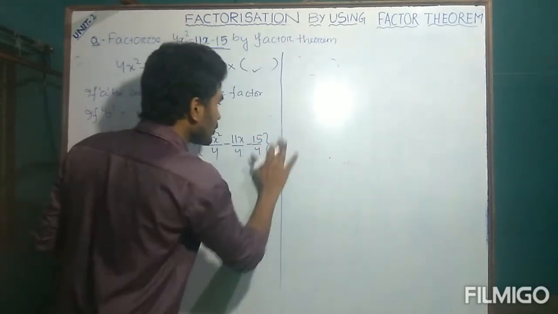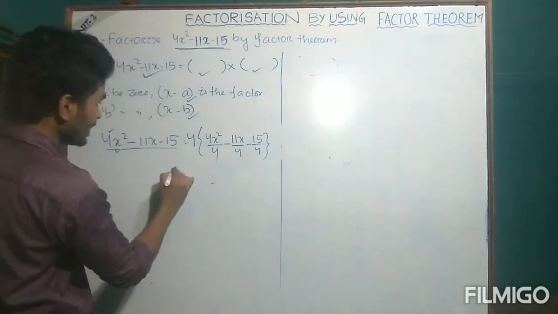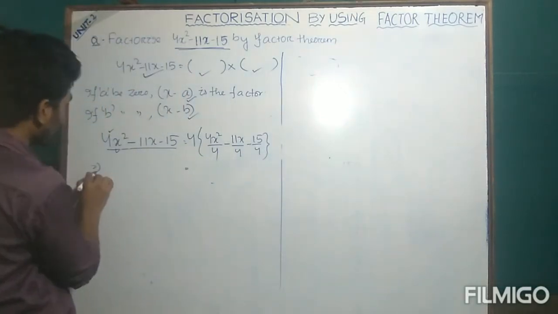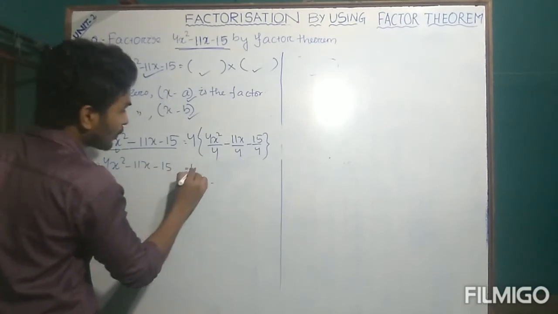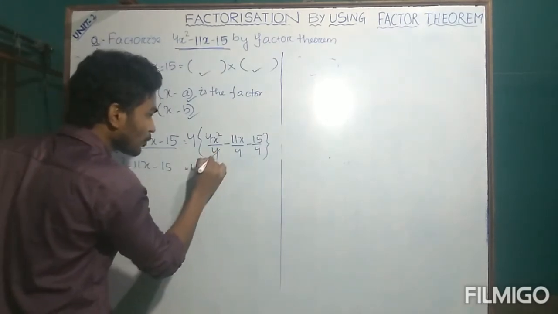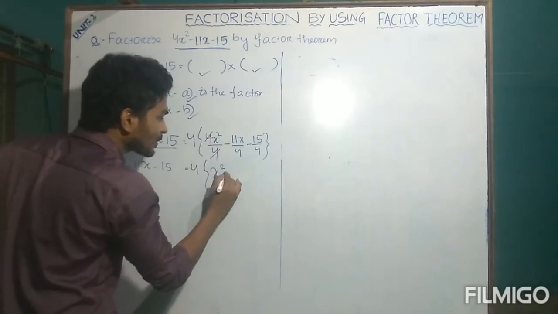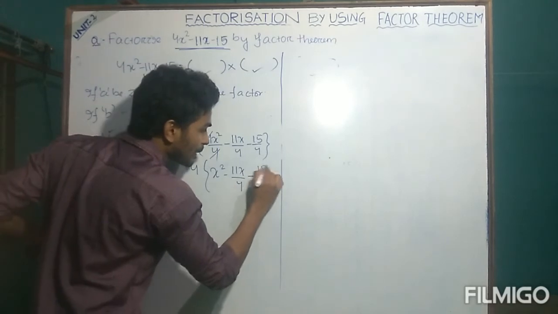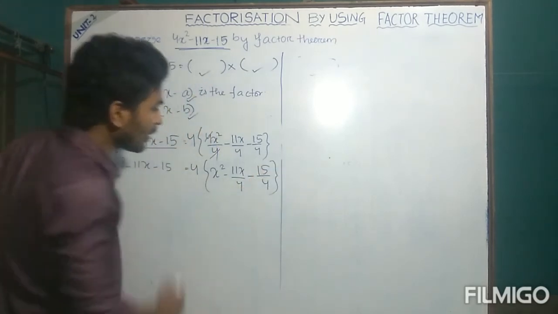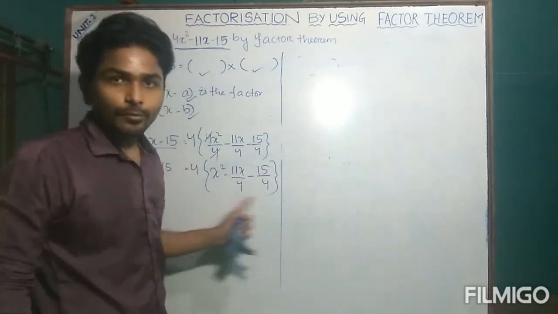So we can write 4x square minus 11x minus 15 as 4 taken common, and this 4 cancels out: x square minus 11x by 4 minus 15 by 4. Finally, we get this form.